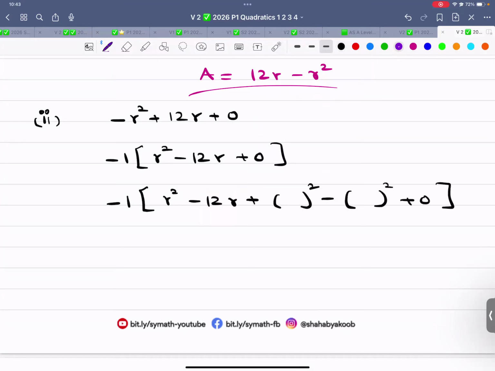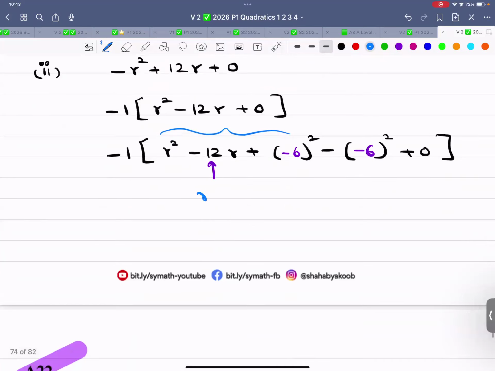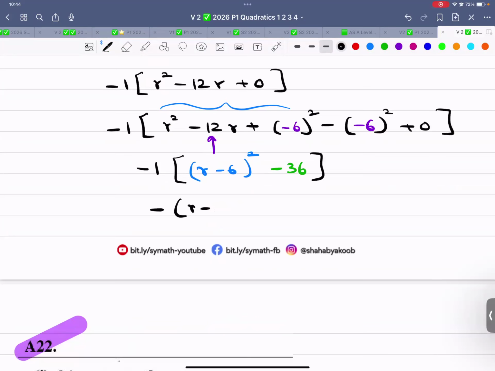What goes inside the bracket? Half the coefficient of r, which is minus 6. Rewrite the first three terms as a perfect square. That is r minus 6 whole square. What are we left with? This is minus 36. And don't forget, there is a minus 1 on the outside. So this is minus r minus 6 whole square plus 36.